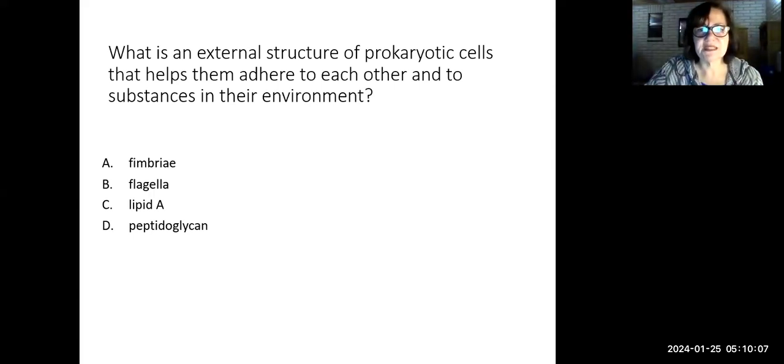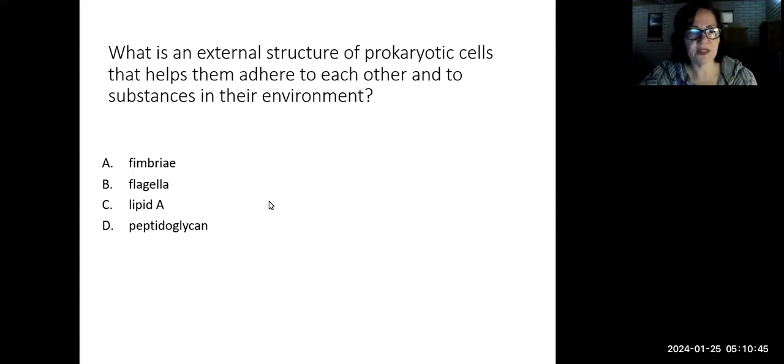There we go. What is an external structure of prokaryotic cells that helps them adhere to each other and to substances in their environment? Fimbriae, flagella, lipid A, peptidoglycan. We haven't mentioned lipid A or peptidoglycan yet today, but we have talked about both fimbriae and flagella. The things that are going to help them hold on are the fimbriae. And the flagella, remember what those are for? Moving through the environment.